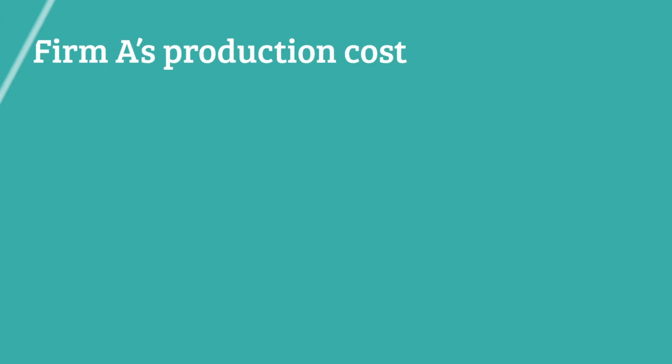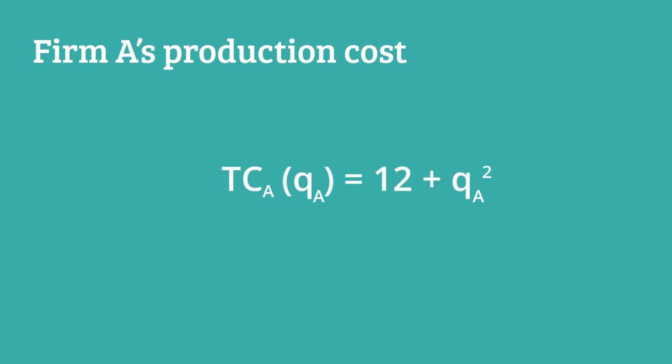Now, let's look at firm A's production cost. For simplicity, let's assume firm A has the following total cost function. TCA = 12 + QA squared, where 12 represents the fixed cost, which is the part of the cost that doesn't change with the output level. And the part of the cost function that changes with the output level is QA squared, which is the variable cost.